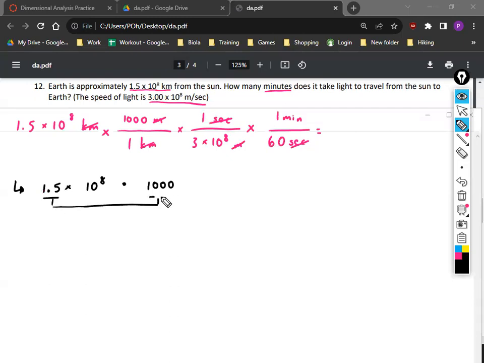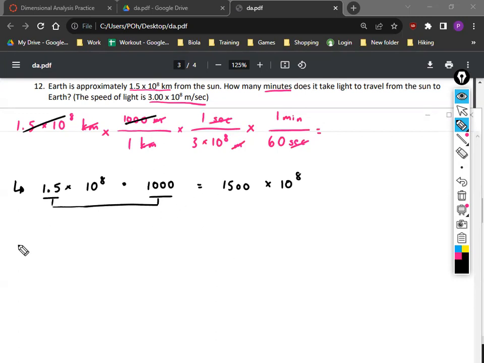So we got 1.5 times 1,000, right? If you punch that into your calculator, you'll get 1,500. Then you can just stick the ugly looking part at the end. So we get 1,500 times 10 to the power of 8. Everybody good with that so far?